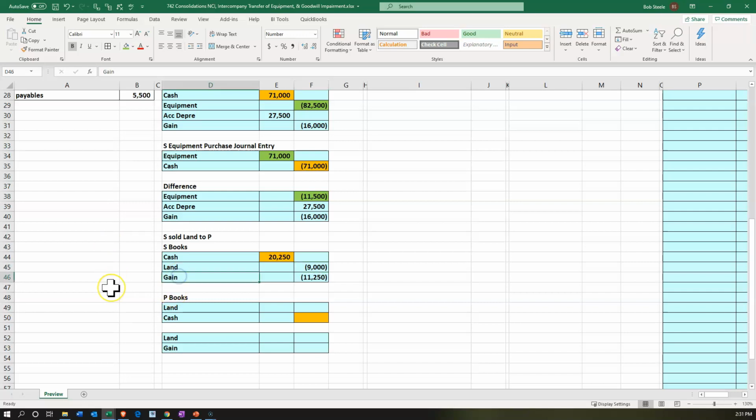So this gain that happened last year, which now we know rolled into retained earnings in the current year, and on the balance sheet side of things, what would happen on P? Well, P puts the land on the books for what they paid for it, which was the 20,250, and then they would pay cash, let's say, here.